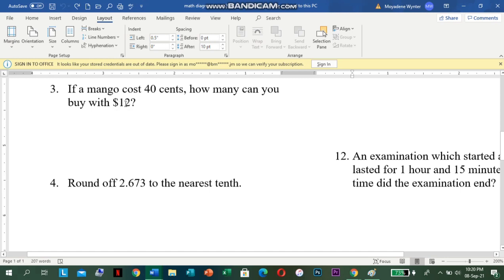So in order for us to buy the mango that costs 40 cents, we have to convert the dollar into cents because we want this $12 to become cents, just like how the bad boy becomes a Christian. Be the same thing like the lady. All right. So we want this $12 to be the same thing as the cents. All right. We want the dollar to become the cents.